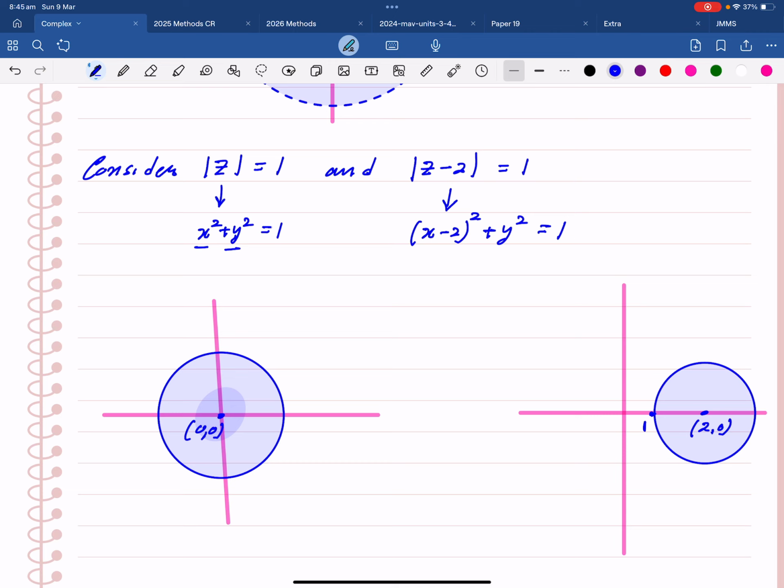The radius from here to here is 1, and the radius from here to here is 1. So now in this situation, z can be any point on the circle, like that, right?